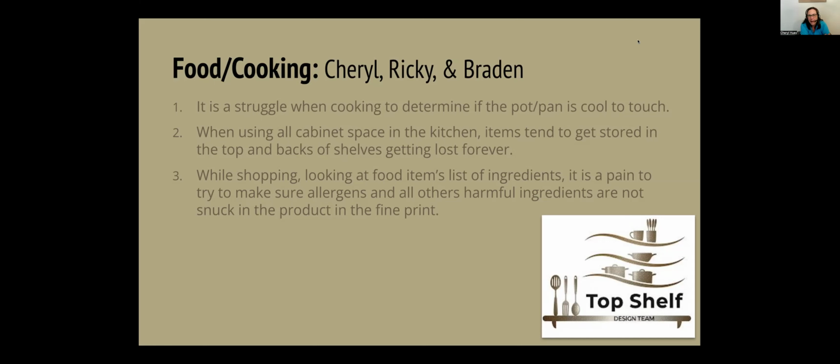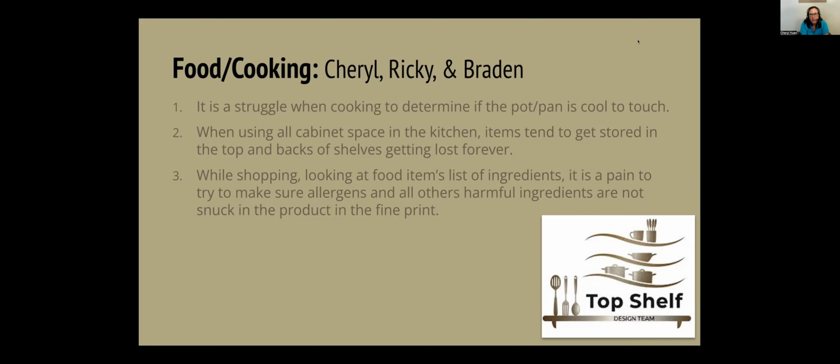The third thing has to do with ingredients. When you're in the grocery store, there isn't an app or some sort of easy way to determine if the food item has an allergen or contains red dyes or other things that might be harmful or that someone on a specific diet is looking to avoid. So if you're looking to buy something that doesn't have red dye, preservatives, high fructose corn syrup, that sort of thing, you have to look at the label on everything.